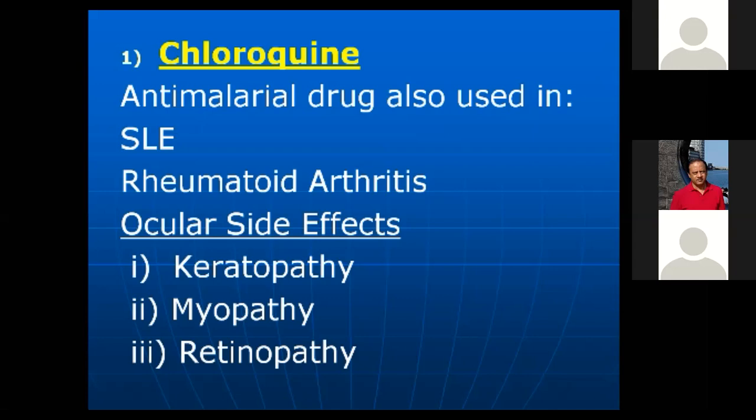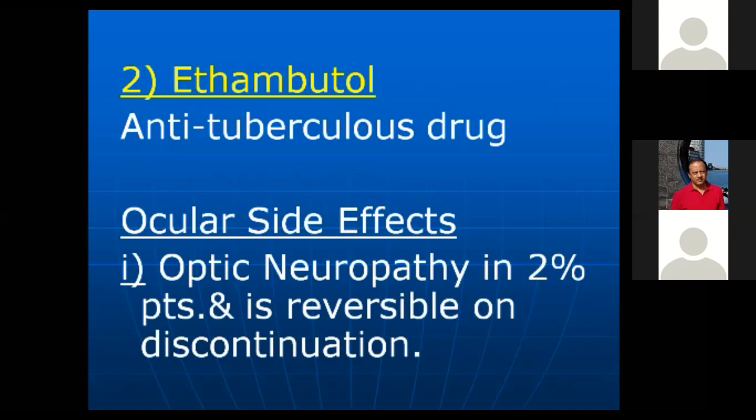Next drug is ethambutol. Ethambutol is widely used in the treatment of tuberculosis, and it is also used for more than 6 months. So when this drug is prescribed in TB patients, you must examine the eye to look for any side effects. And the most important ocular side effect of ethambutol is optic neuropathy. And this optic neuropathy is not very common.